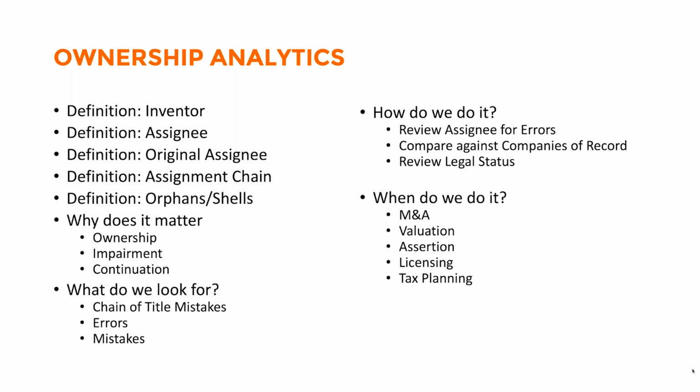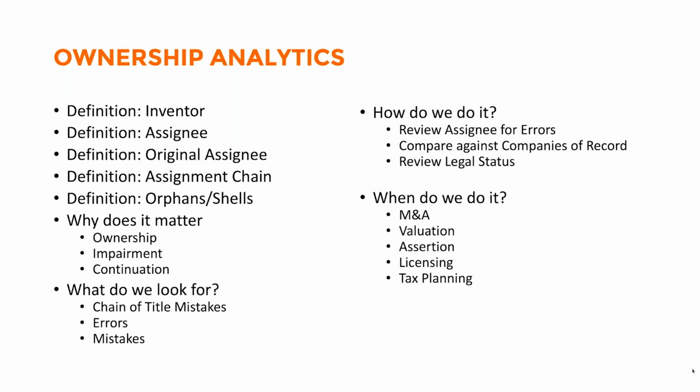When do we do it? We do it all the time, but predominantly we do it in the M&A world. We do it a fair amount in the subcategory of M&A that is competitive behaviors. What are your competitors doing, and are they moving things around? This is very important, especially when you're discovering the corporate structure of a competitive patent owner in the marketplace.